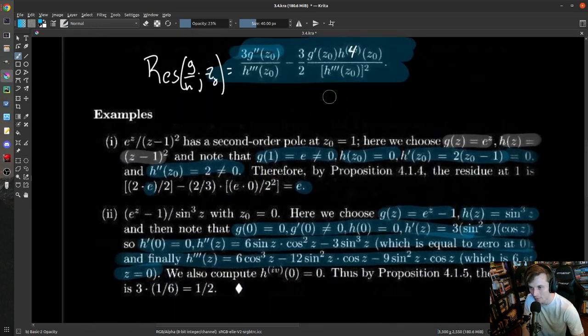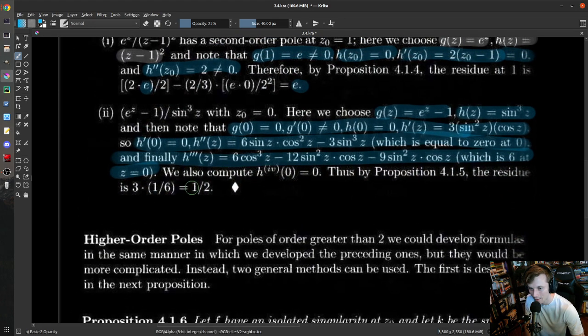And then if we do the computation with the fourth derivative of the bottom function and plug everything in, we will just end up getting a residue of 1/2. I'm not going to go through the calculations because they're kind of annoying, but you could use it if you needed to.